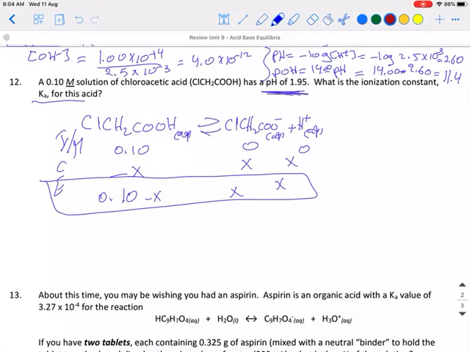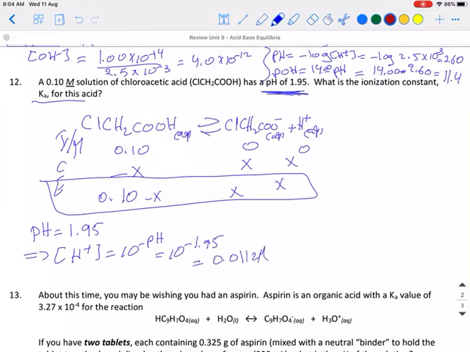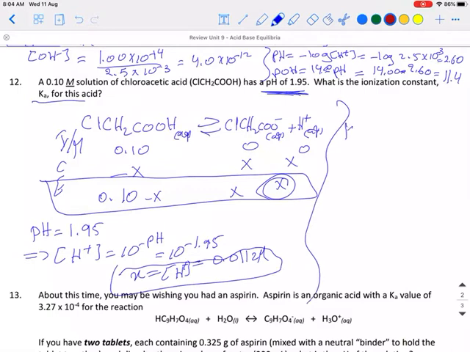Now I can write the value for Ka, but before that there is a given that I can benefit from, which is pH equal to 1.95. It means that H plus is 10 negative pH, which is 10 negative 1.95, equal to 0.0112 molar. Like this, I found the H plus that corresponds to the value of X at equilibrium.